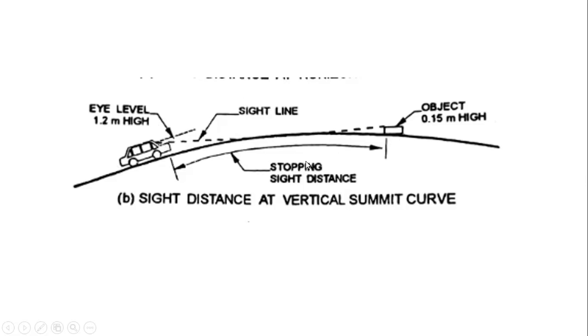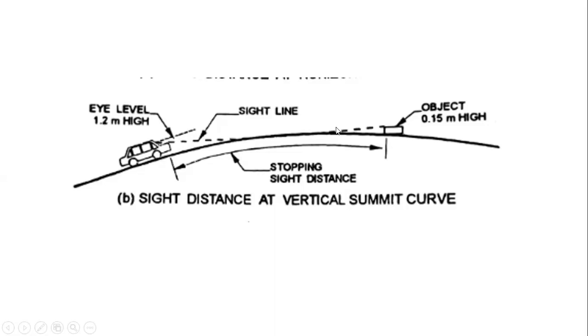So in the case of vertical curves, because of the steepness of the curve, the driver will not be able to see the vehicles coming from the other side. You can see here the sight line, that is a dotted line. Okay, so it's actually blocked by this topmost portion of the summit curve. Got it?